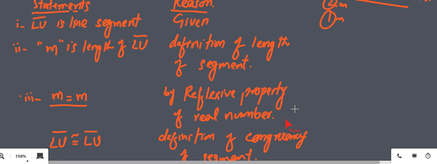So by using just four statements, we proved that the congruency of segments is a reflexive property. Please look at it and tell me if you have any confusion. Just take 1 minute and look at this in total.